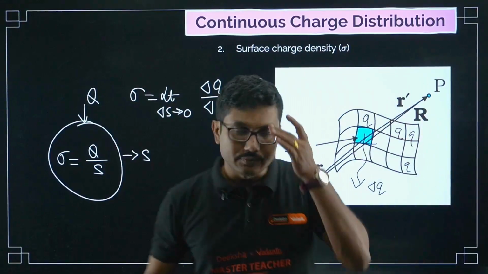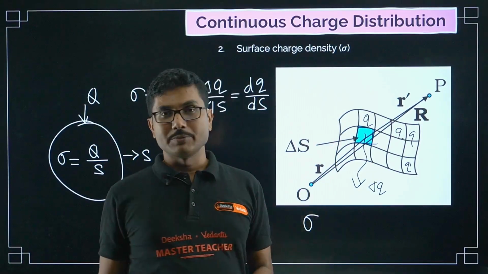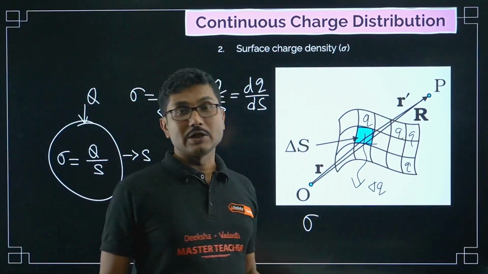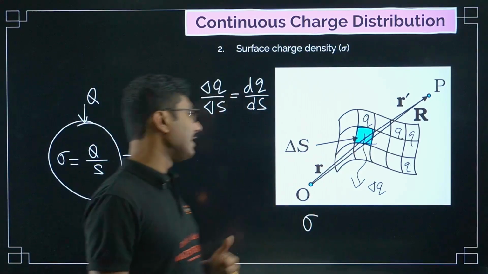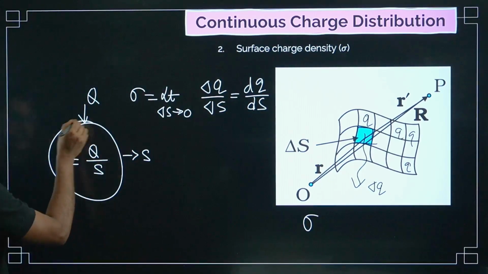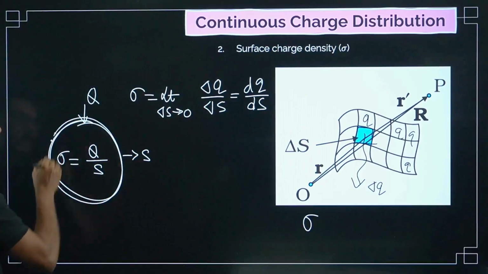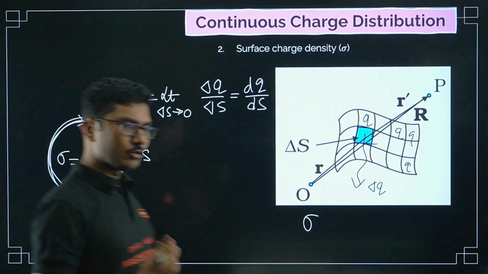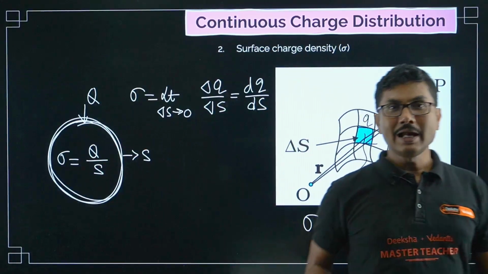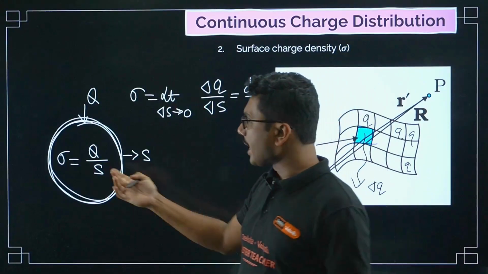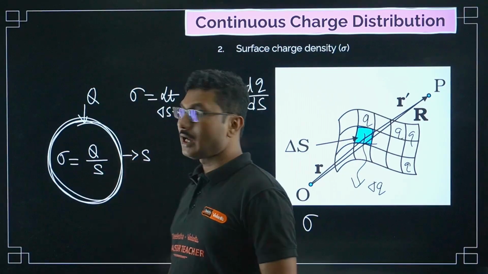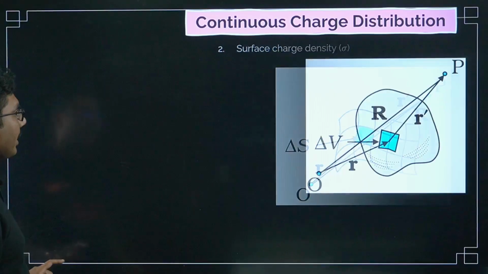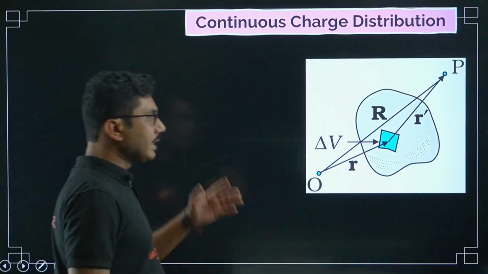It is helpful for randomly distributed charge or uneven shapes. It is very, very handy, but in most cases we will be handling symmetrical surfaces, where we calculate surface charge density using this formula, Q by S.